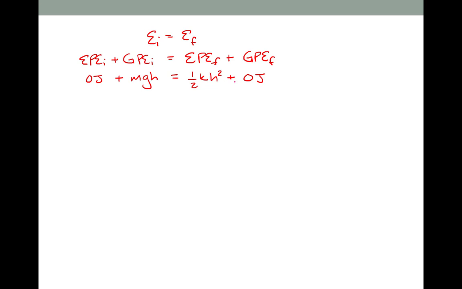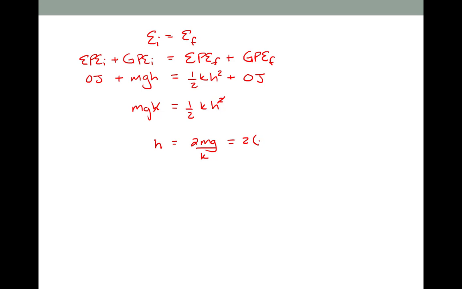We see the two zeros, so we don't really need to consider those because adding 0 doesn't do anything. So mgh equals 1/2 kh squared. We have a factor of h on both sides of the equation, therefore we can cancel one of them. And we can now solve for h equals 2mg divided by k.